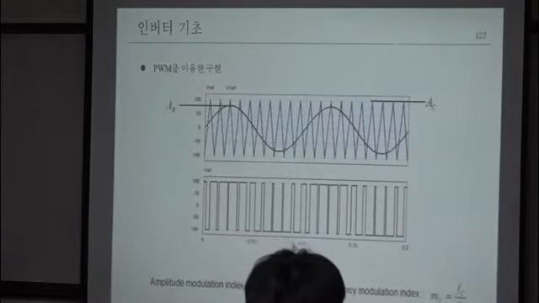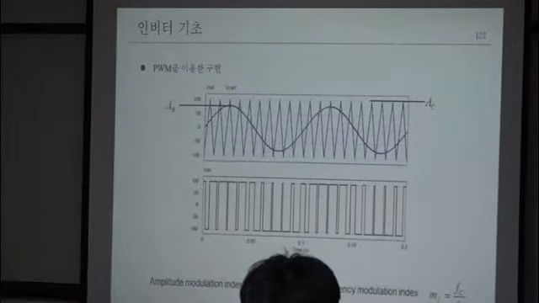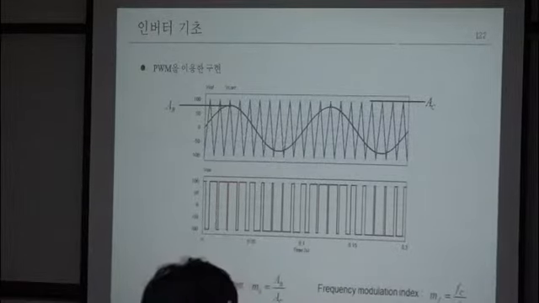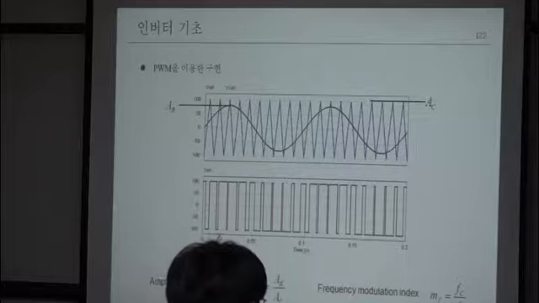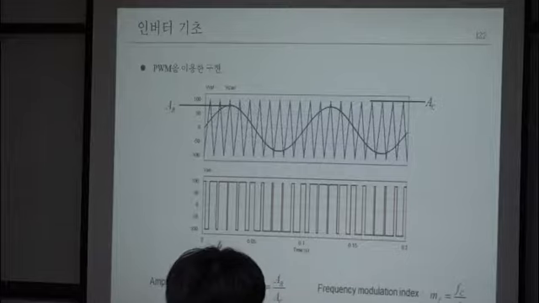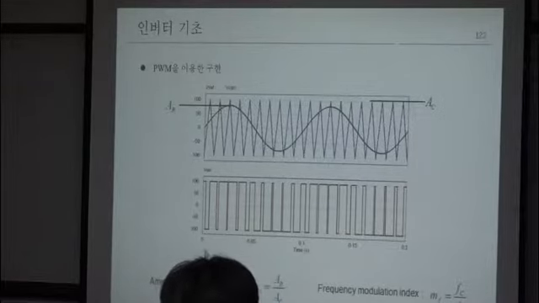So, the PWM can be implemented like this. You have the reference, you have the carrier, right? Here, we employ a triangular shaped carrier like this. Then, if your reference is like this, then the output of this op-amp comparator is, for example, S, like this.